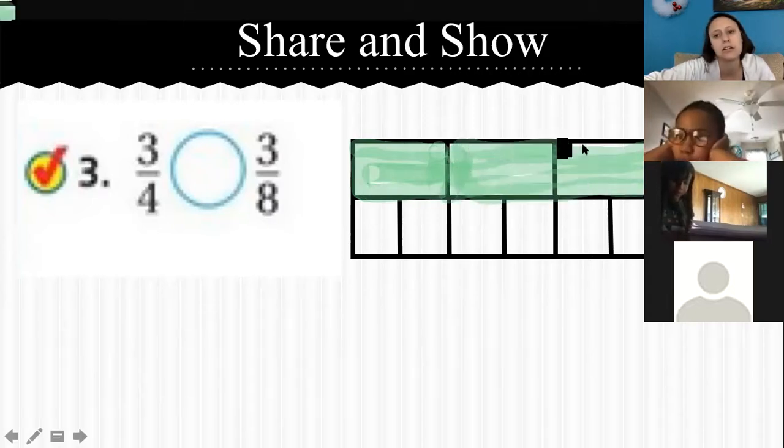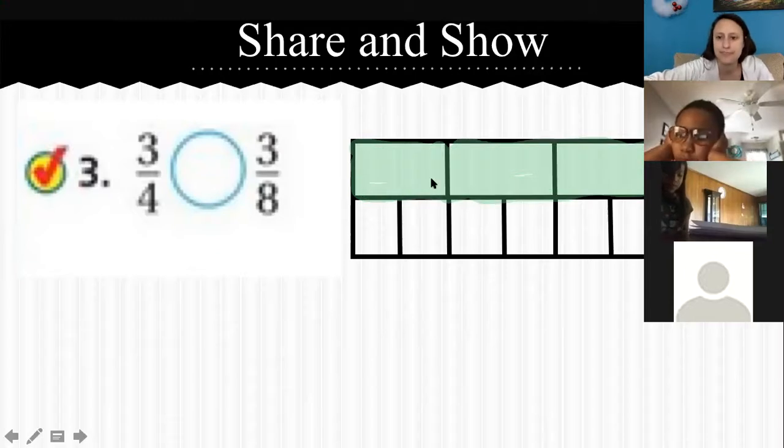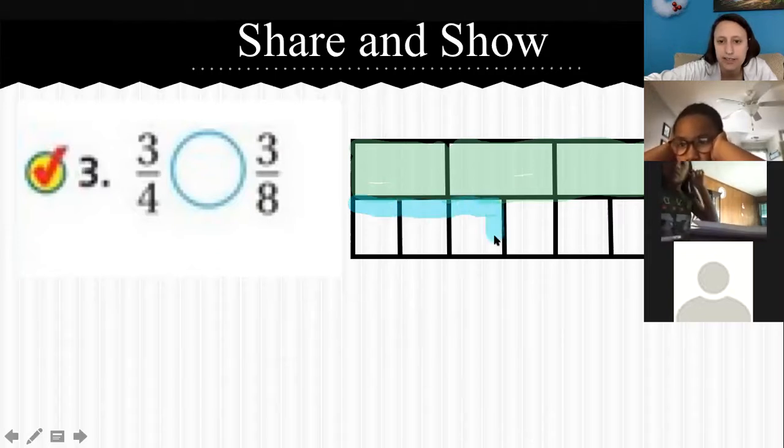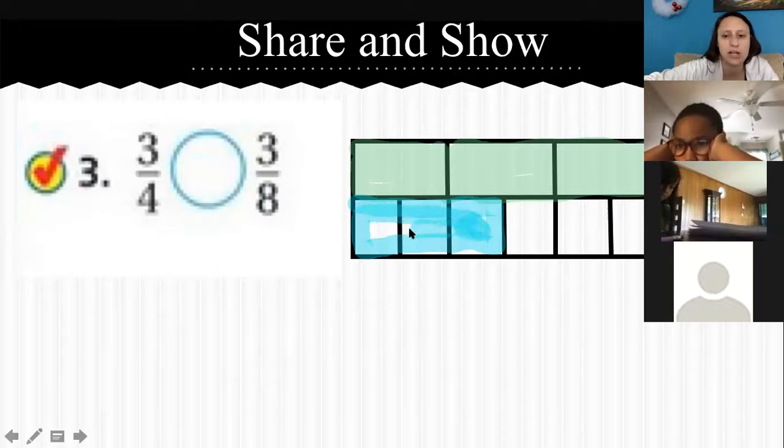All right. Now, down here, how many sections am I coloring? 3. 3 sections down here. 1, 2, 3. Do you guys see how the bottom pieces are smaller than the top?